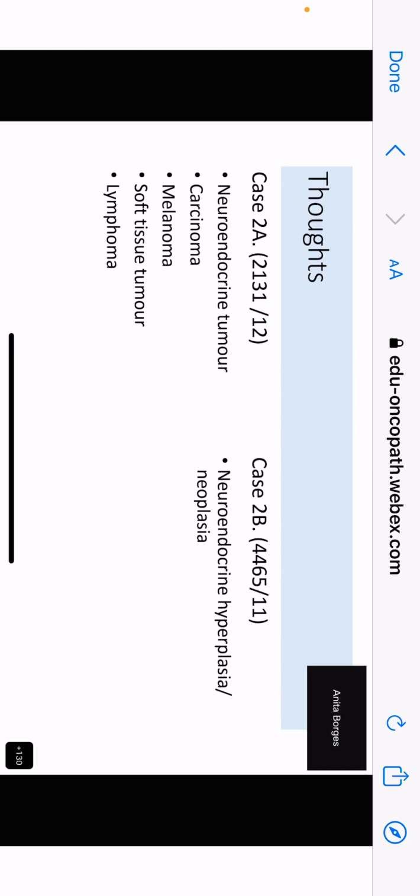It's very, very unlikely that you will get a carcinoma and melanoma, leaving the mucosa absolutely intact, unless it's creeping from somewhere else and coming into the part of the stomach that has been biopsied. Okay? So those are our thoughts.